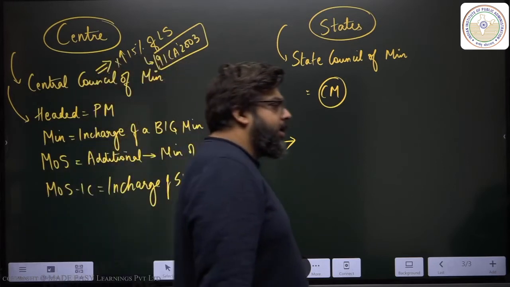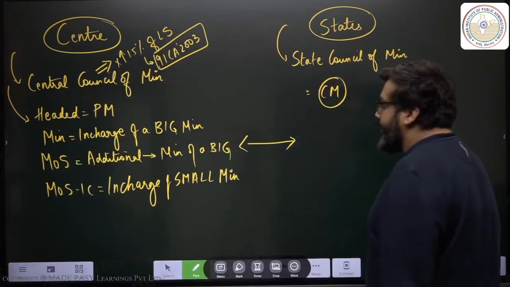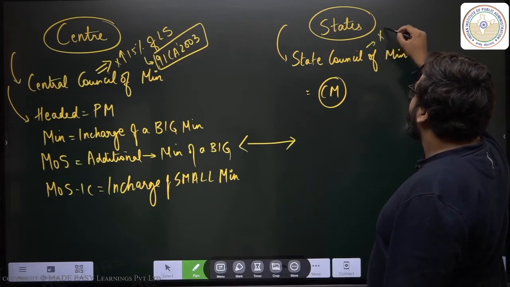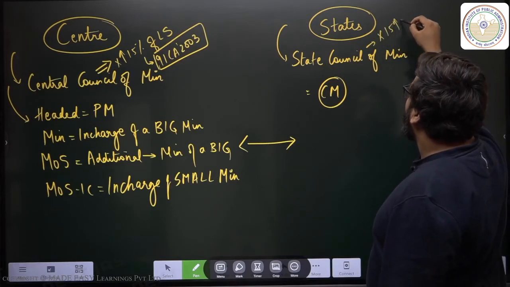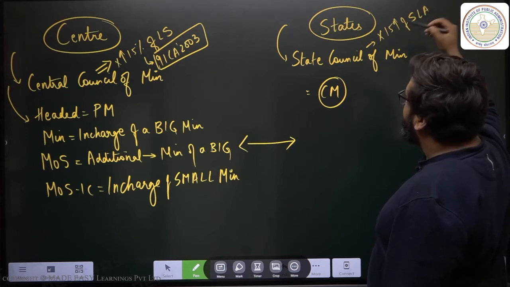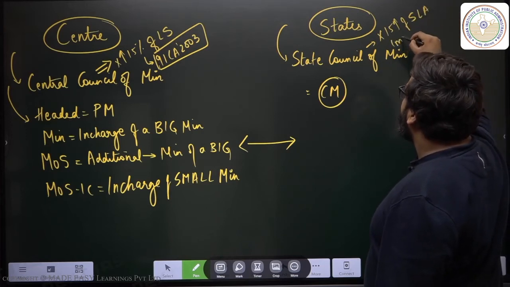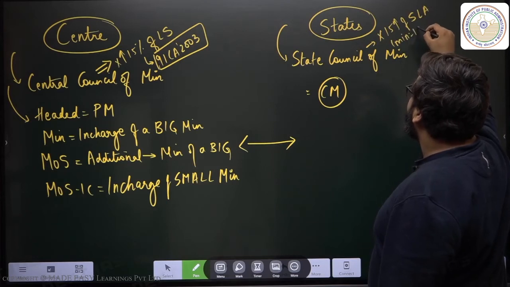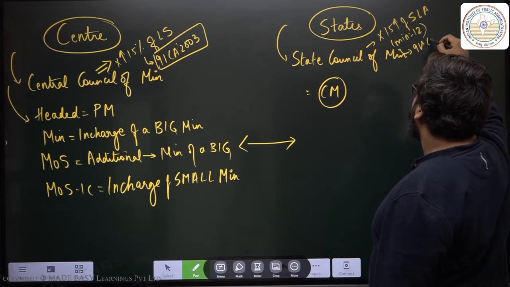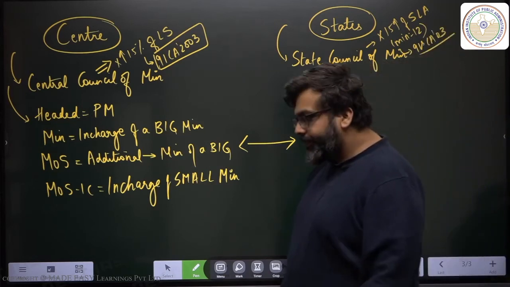Similarly, the number of ministers at the state should not be more than 15% of the strength of the state legislative assembly, but you will have a minimum of 12 ministers, and this is again by the 91st Amendment 2003.